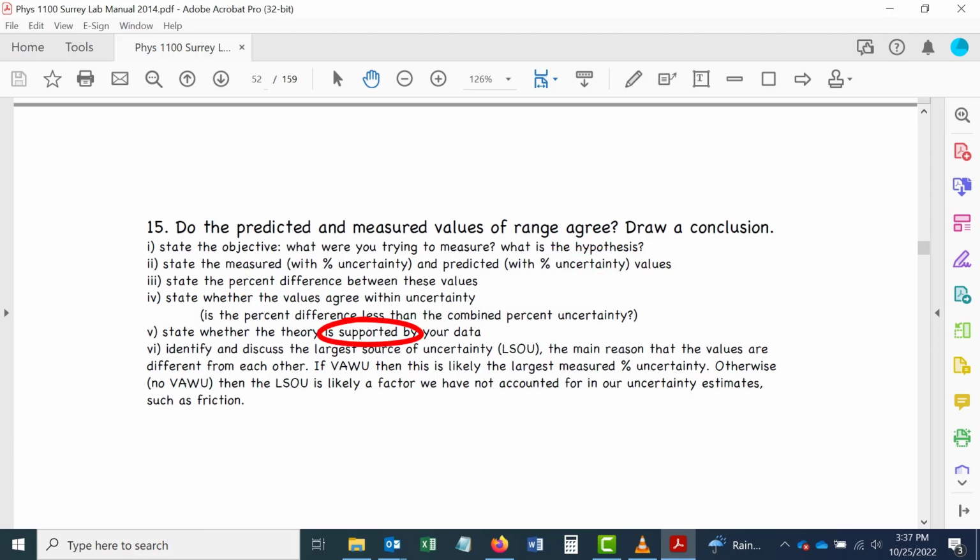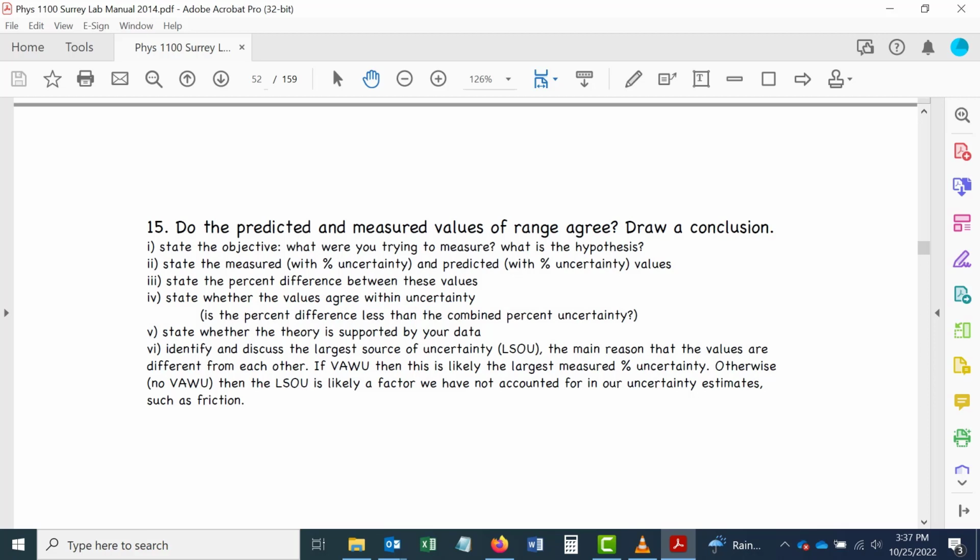State whether the theory is supported by your data, and then finally you identify what your largest source of uncertainty is. And you identify a largest source of uncertainty regardless of whether your values do or do not agree within uncertainty. If the values do agree within uncertainty, then your largest source of uncertainty will be something you took into account. So you go and look at your raw data values.